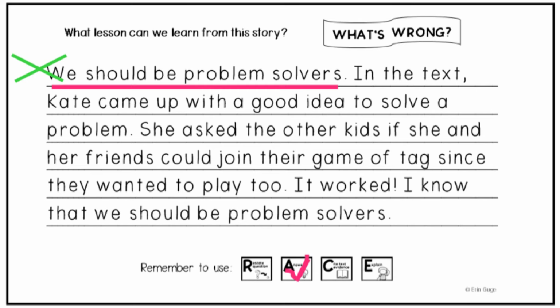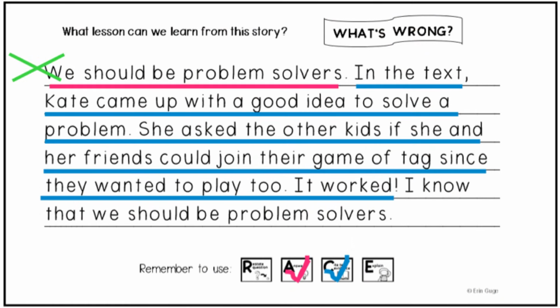Now whisper yes or no. Does it cite text evidence to prove that Kate was a problem solver? Yes, it told what she did to solve their problem at the park. And now, does it explain? Let's see, it says, I know that we should be problem solvers.